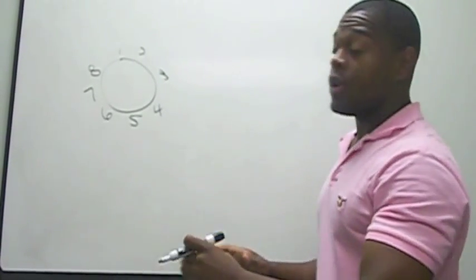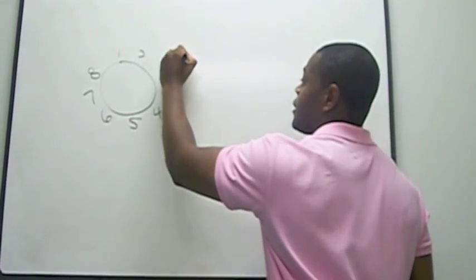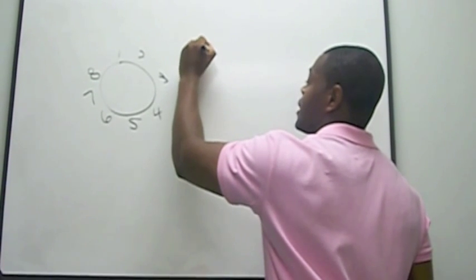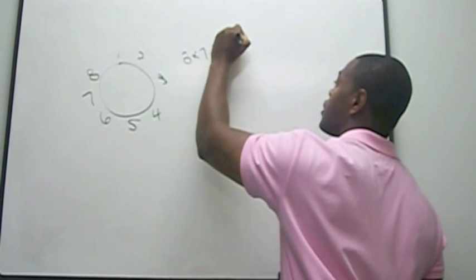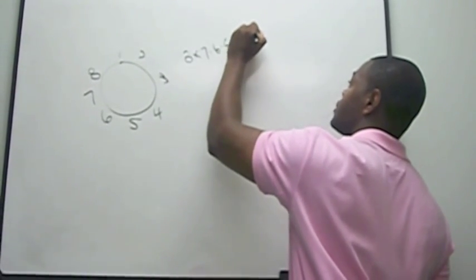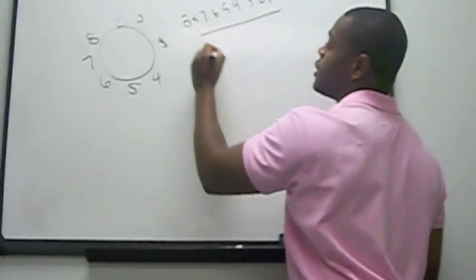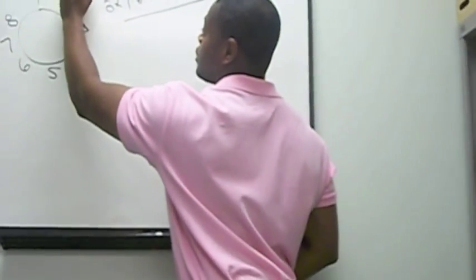However, if you do 8 times 7 times 6 times 5 times 4 times 3 times 2 times 1, this is known as the 8 factorial.